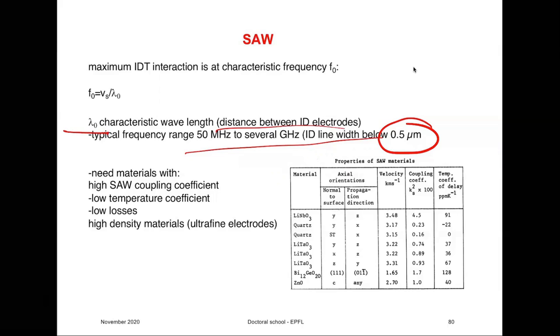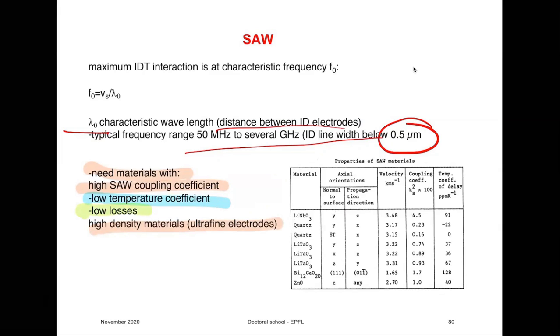What are the requirements for these materials? You need materials with a high coupling coefficient, which is again different than the coupling coefficient of a bulk. You need a low temperature coefficient because this is used to synchronize circuits, to delay them, and so this shouldn't depend on temperature very much. You need materials that have very low losses to keep a clean signal, and you need a high density material. So you cannot use ceramics.